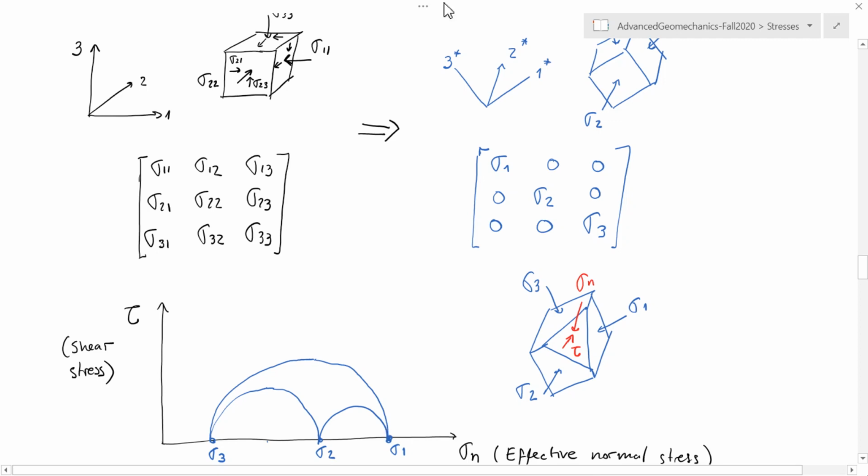This area, which here I am filling with crosses, is the area of all the possible states of stress, including the circles themselves, that are applied on the cube that I have on the right.